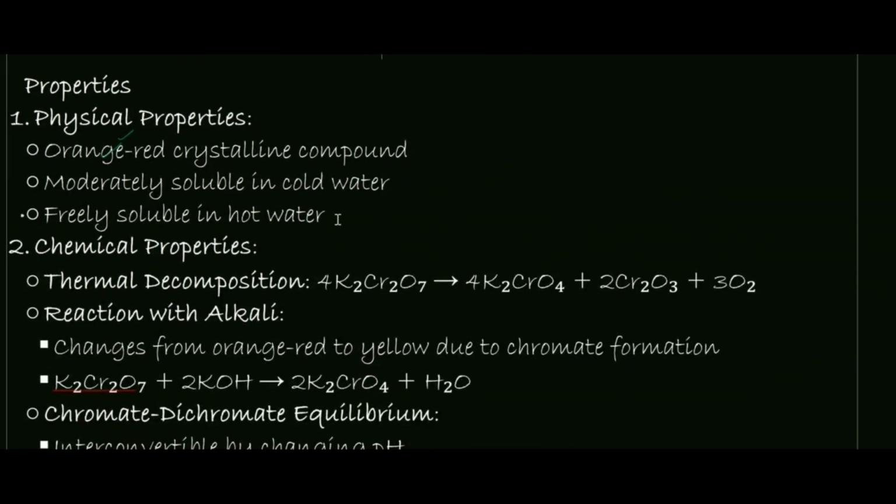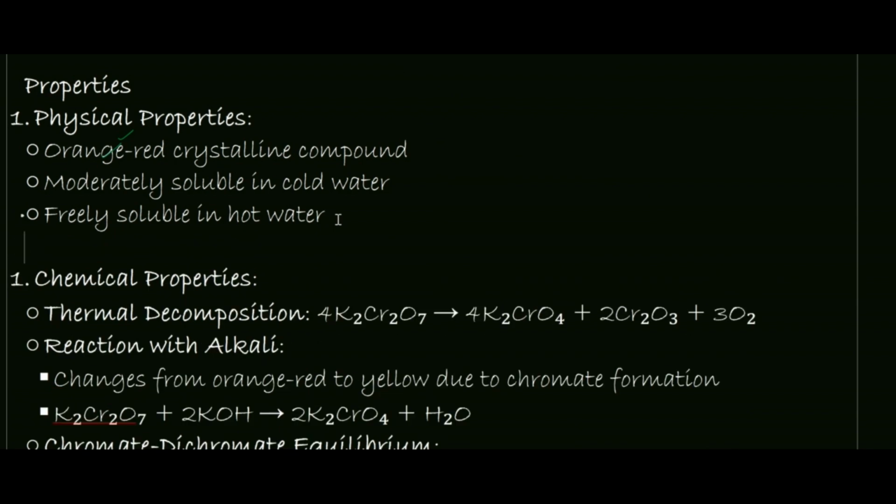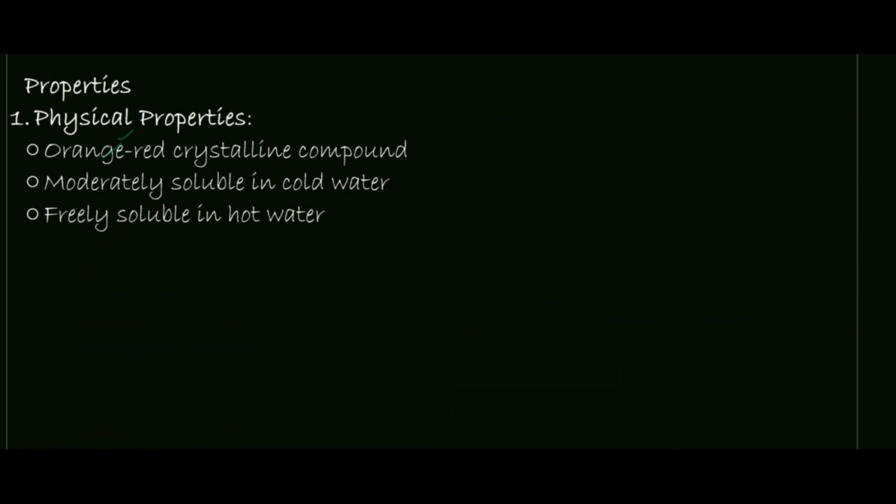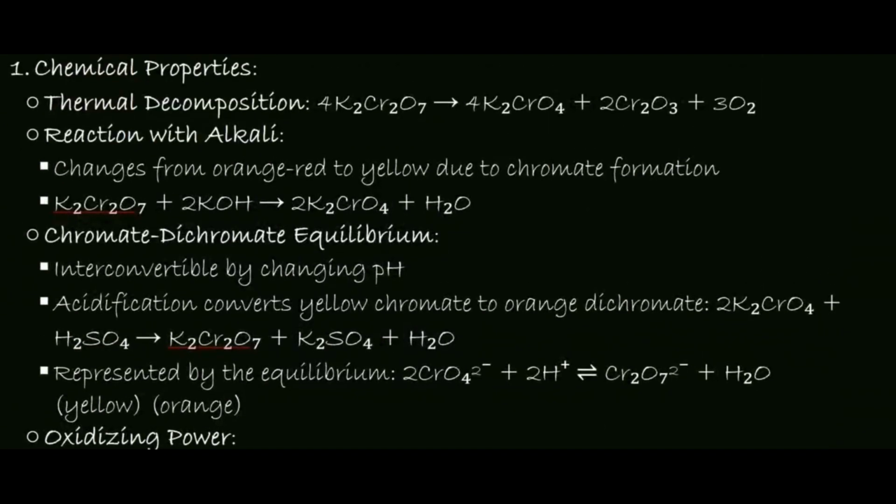Let's talk about physical properties. This is an orange red crystalline compound. Hope you have seen that in your practicals. It is moderately soluble in cold water, but solubility is high in hot water. Then chemical properties.